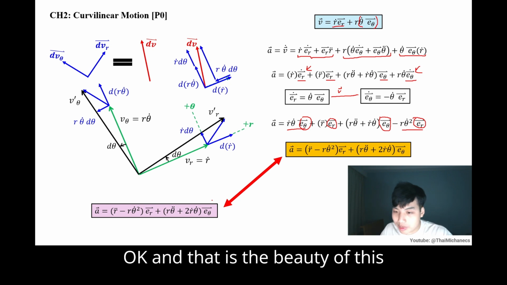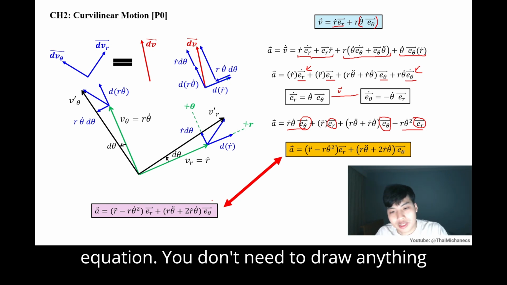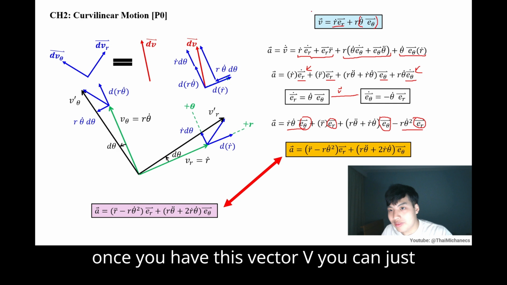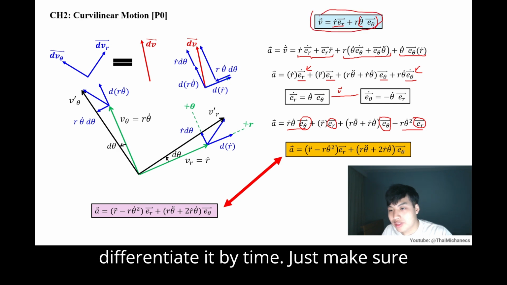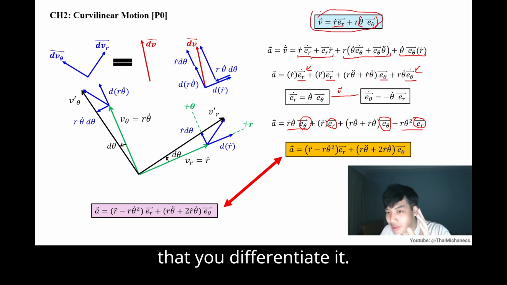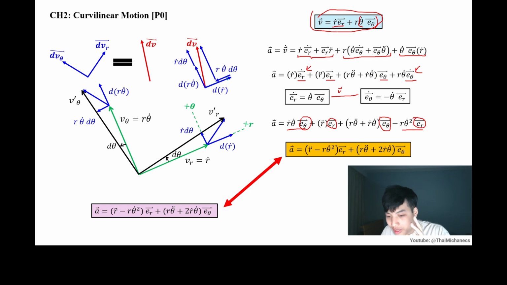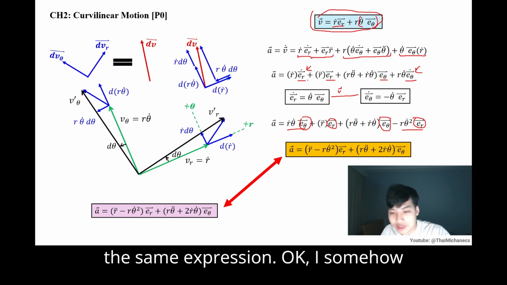That is the beauty of this equation. You don't need to draw anything. Once you have the vector v, you can just differentiate it by time. Just make sure that you differentiate it mathematically correctly, and you will get the same expression.